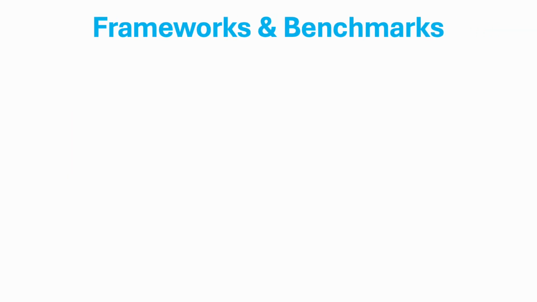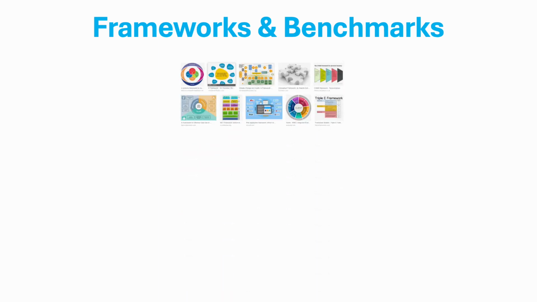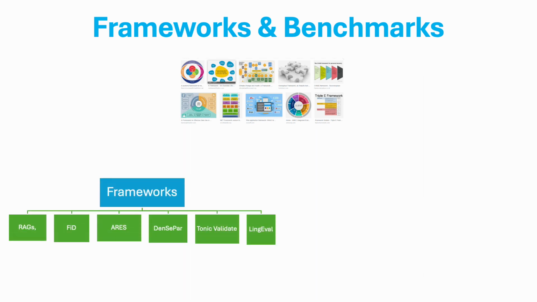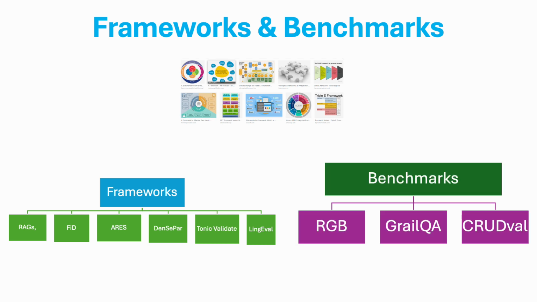To facilitate the evaluation of the RAG pipeline, several frameworks and benchmarks have been developed. Frameworks like RAGAS, FID, ARES, DensePAR, Tonic Validate, and LingEval provide tools and methodologies for evaluating different aspects of RAG pipelines.